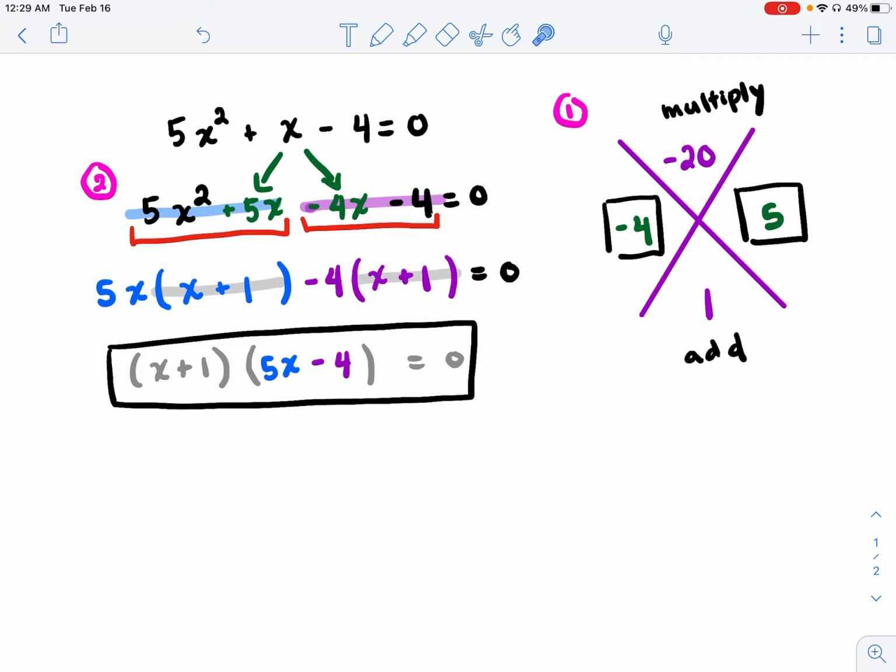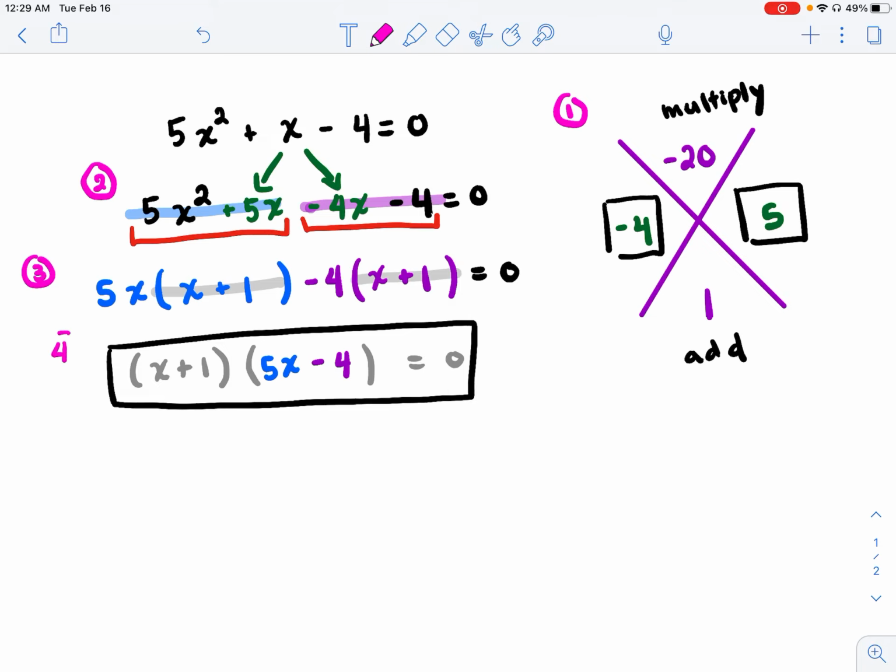My step 3 would be I am now grouping. So I'm looking at my group on the left and group on the right, and then I'm factoring my GCF. So there's my step 3, where I'm grouping into two different groups and finding the GCF for each of them.